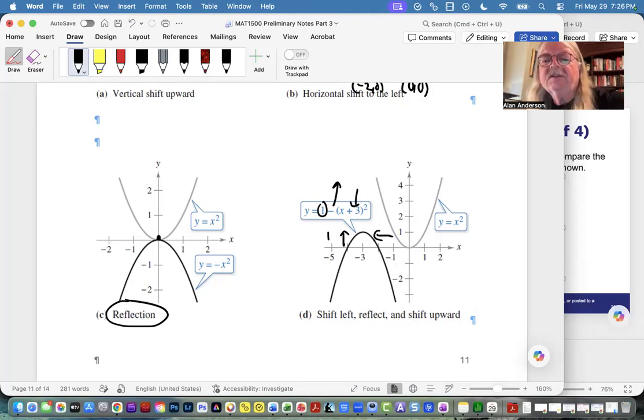The +3 shifts it to the left, and this 1 shifts it up. And this one is a reflection.